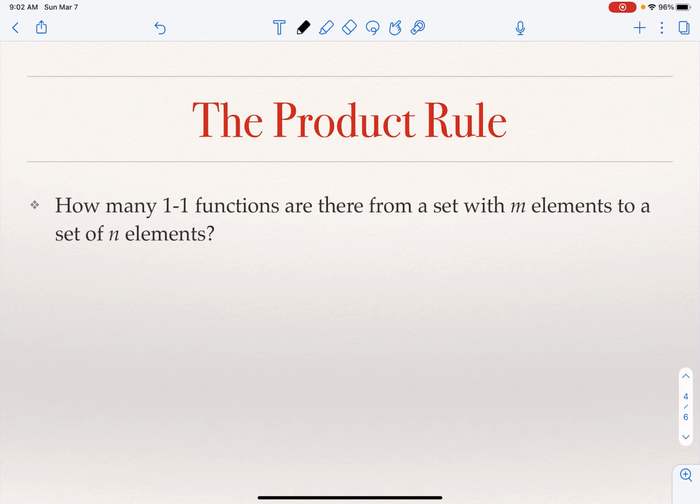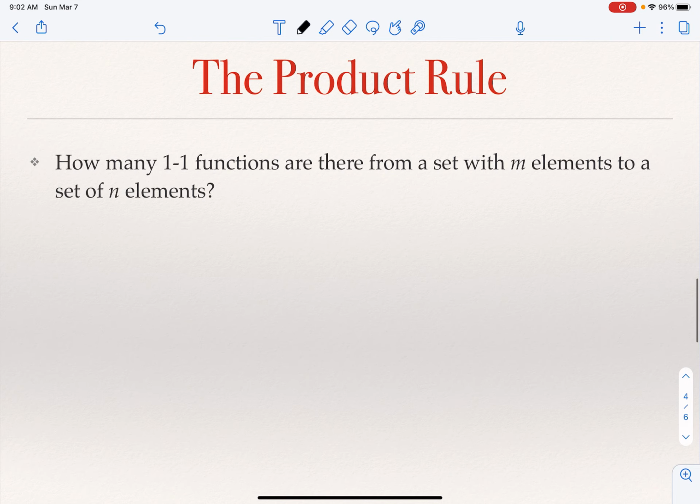Let's look at another example here. How many one-to-one functions do we have from a set with m elements to a set of n elements? Let's visualize it first. We have a set A here, and we have m elements in this one.